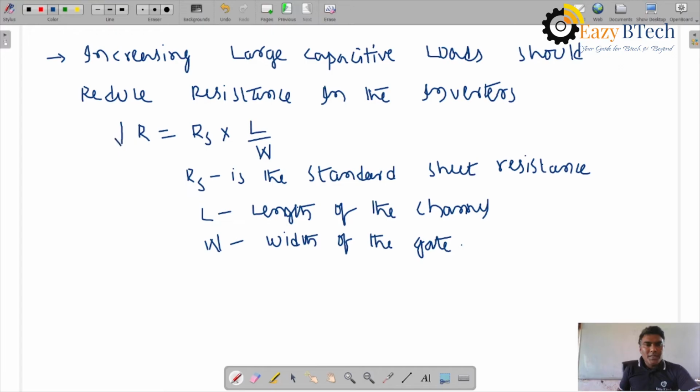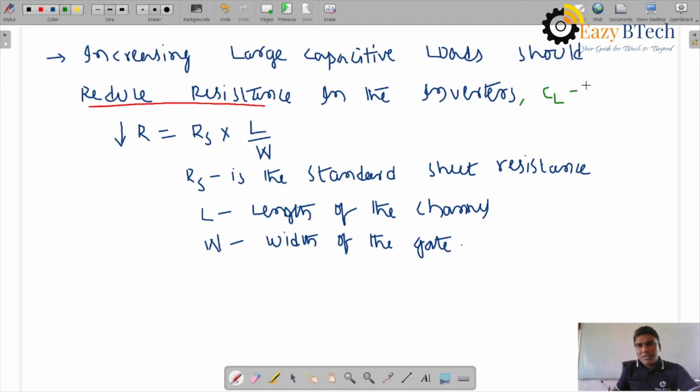If you want to reduce the resistance in the inverters, then what happens? Reducing resistance in the inverters, load capacitance increased.